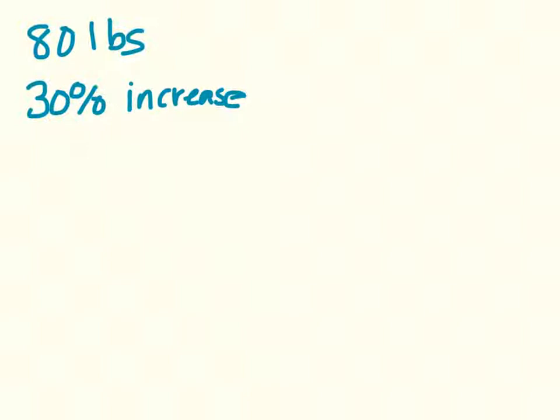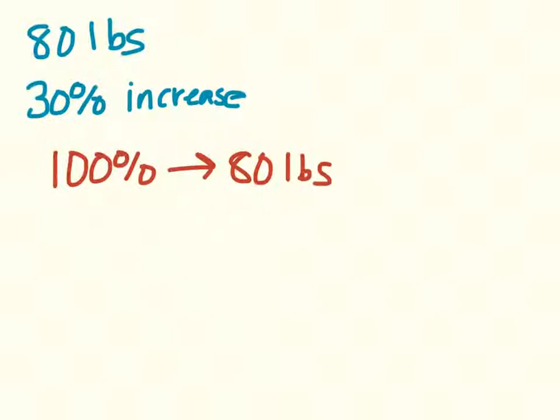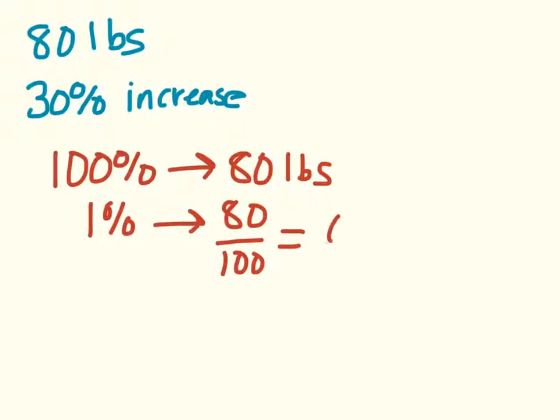In method 2, we set this up like a rate problem, where 100% of our weight is 80 pounds. Therefore, 1% of our weight is 80 over 100 pounds, or 0.8 pounds.